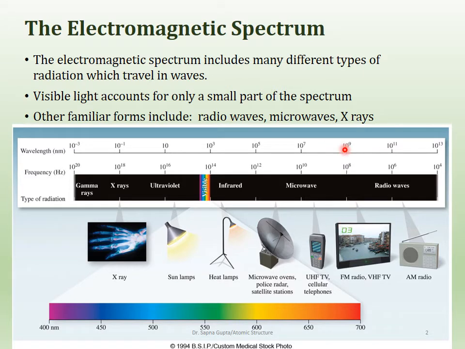So this is the meter scale actually right here. So the radio waves are even larger than a meter. And then we get smaller and smaller over here as we go towards the gamma rays. So this is what we see in our atmosphere. We have a range from radio waves to microwaves to infrared to the visible, ultraviolet, X-rays, and gamma rays.